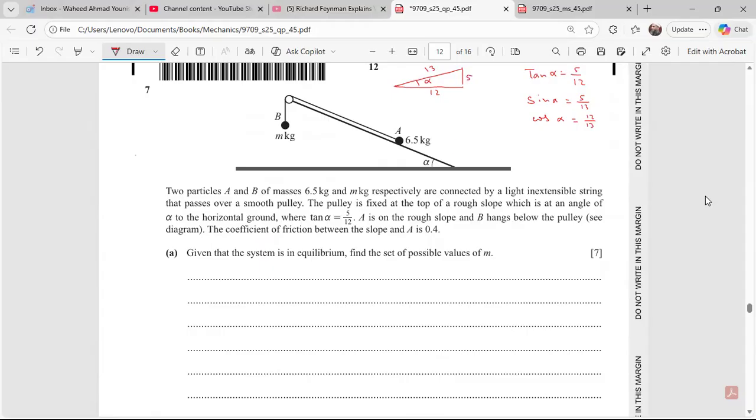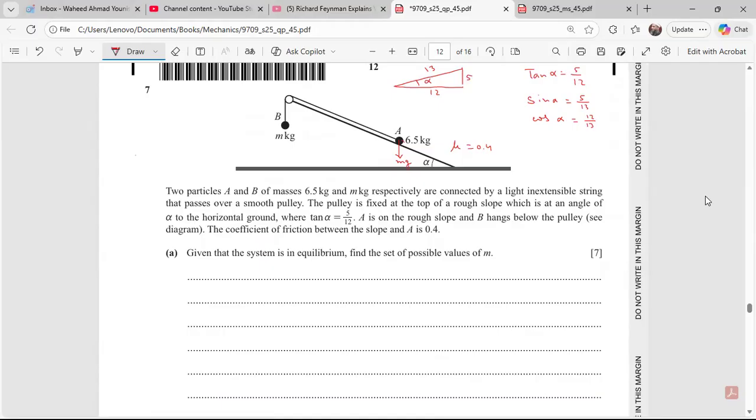The coefficient of friction between this object and the surface is given as 0.4. Imagine this m is so small that it's about to slide down. The weight of this object is acting downward, mg, directly towards the center of the earth.